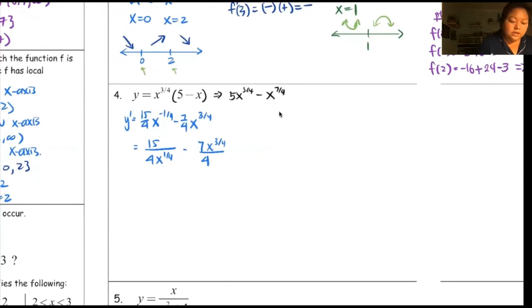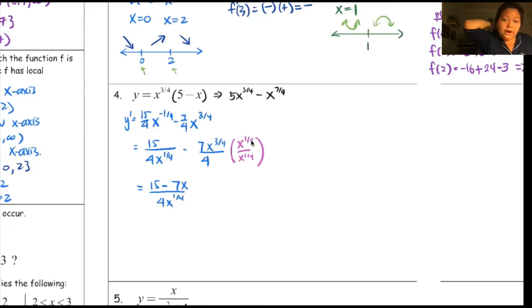To get a common denominator, notice on the right-hand side all I need is another x to 1/4. This will usually work out, meaning your numerator no longer has any rational powers, because x to 3/4 times x to 1/4 is 3/4 plus 1/4, completing to be a 1. So 7x here, and you have 4x to the 1/4.